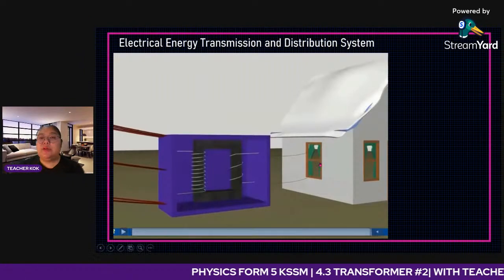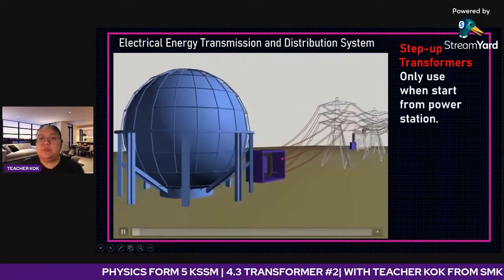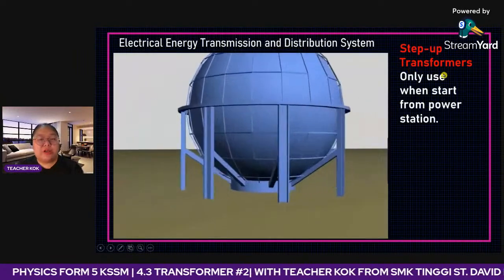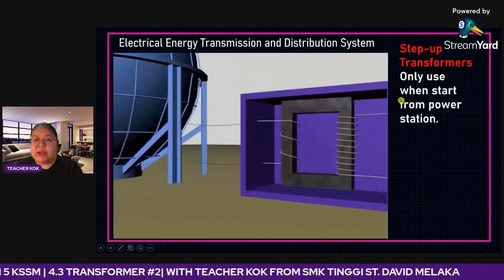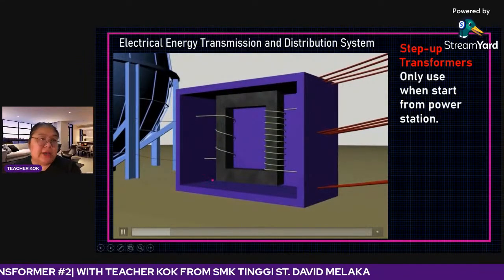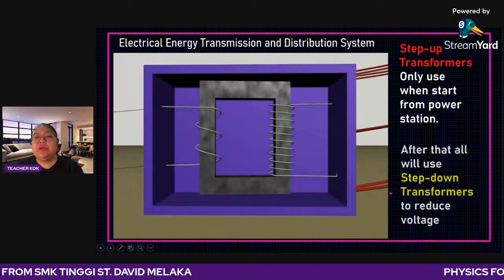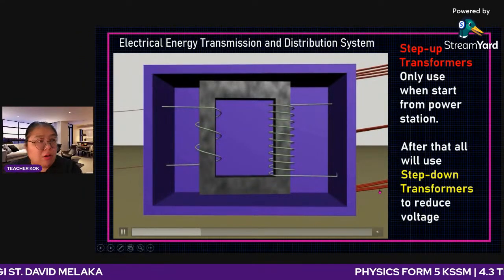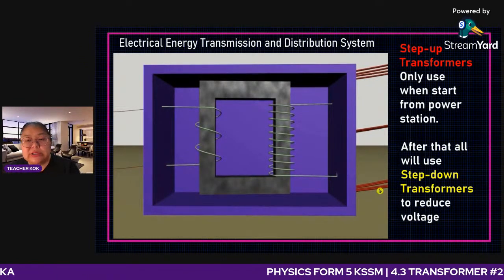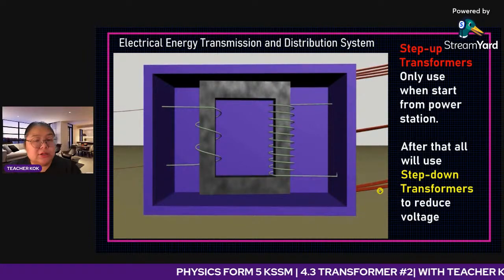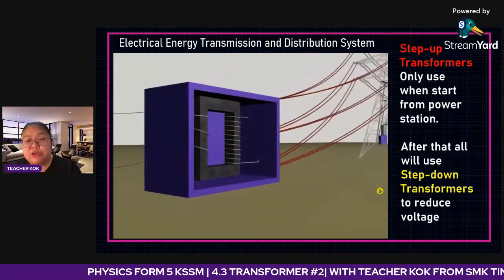Okay, so we see the explanation. A step up transformer is only used when they start from the power station. Number 2, after that, they will use step down transformers to reduce the voltage.